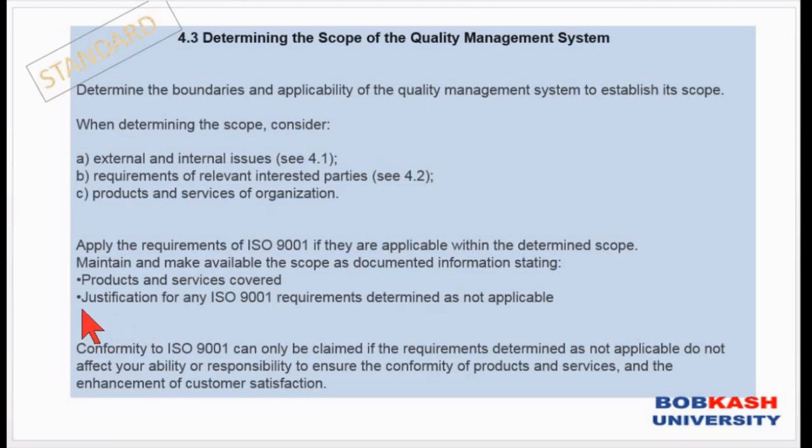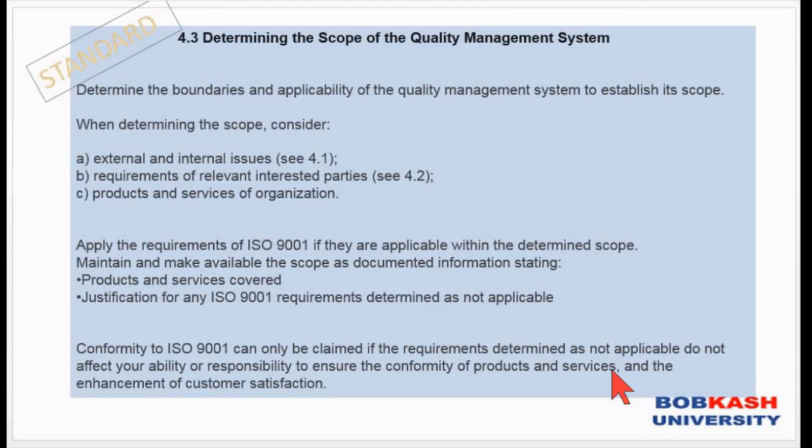Now, applicability of ISO 9001 or conformity to ISO 9001 can only be determined if the requirements determined as not applicable do not affect your ability or responsibility to ensure the conformity of products and services. What does it mean? This sentence means that you cannot blindly say that A, B, C, D process is not covered in my quality management system.